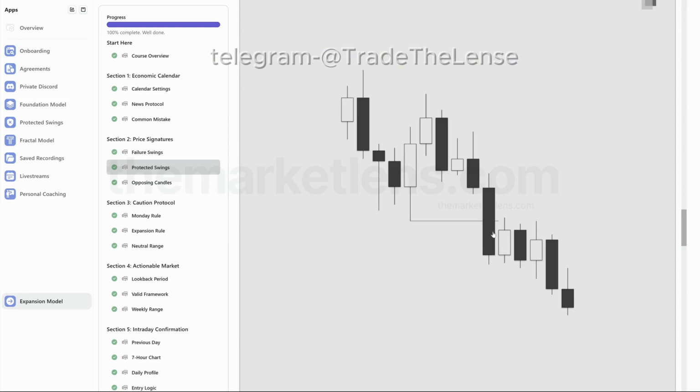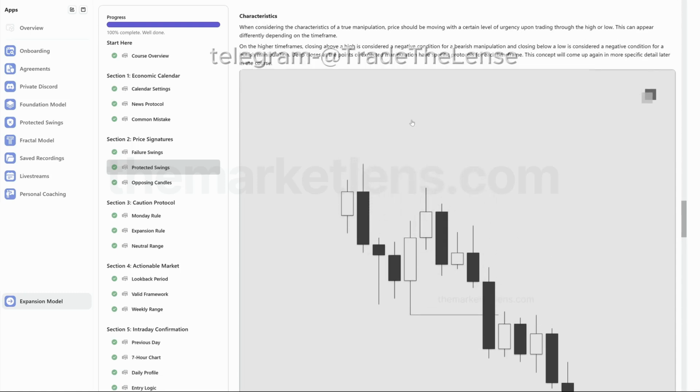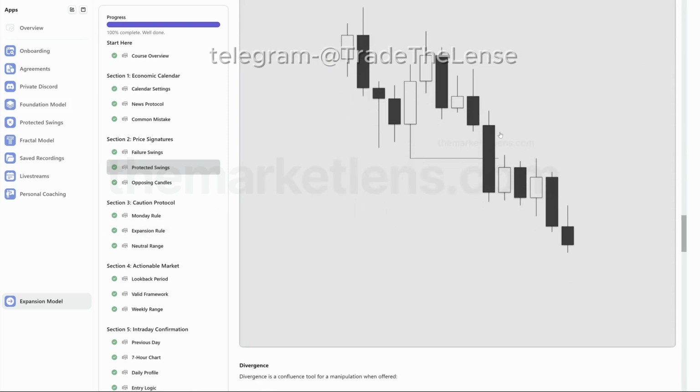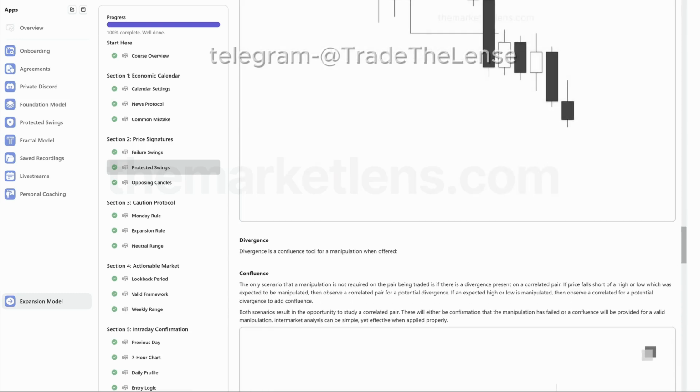If it's a lower time frame, then when you see it kind of taper off, it's not immediately reacting from that point. This is an invalidation of that manipulation. It's showing no intent to trade higher. Ideally, it happens quickly and it wicks that low or the high that you're looking to be manipulated. And that's just a general characteristic, but this will come up again more specifically in later sections of what you'd be looking for, because this does change slightly across the time frames.